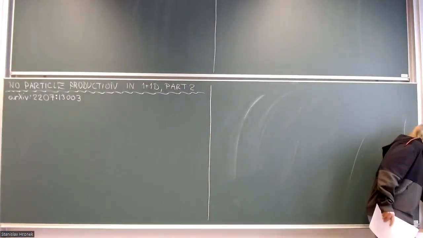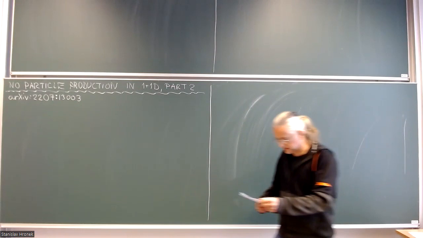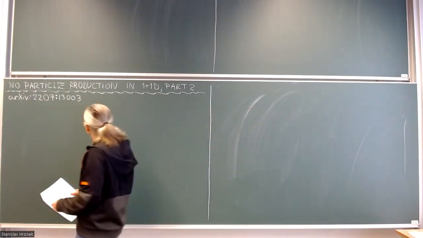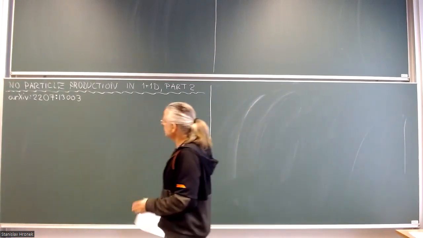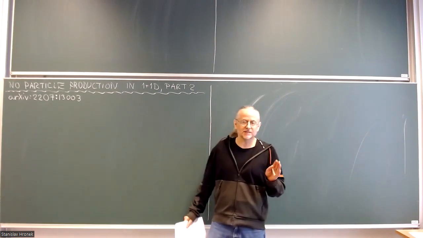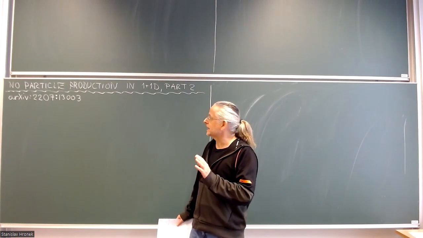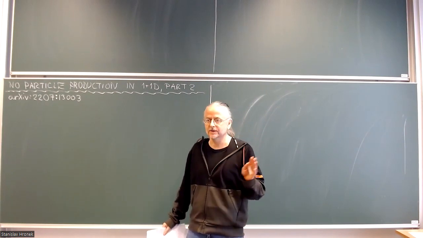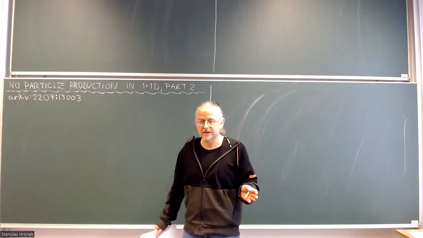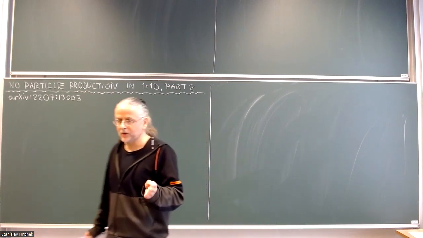Okay, so this is the second part of low particle production in one dimension. And let me clarify from last time, because I got the impression that some of you thought that I claimed that there's no particle production in 1+1 dimension. That's not what I was saying.